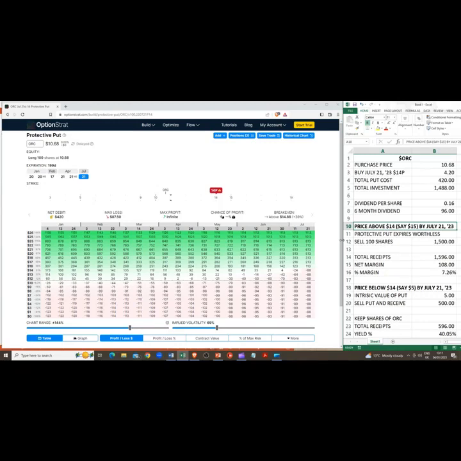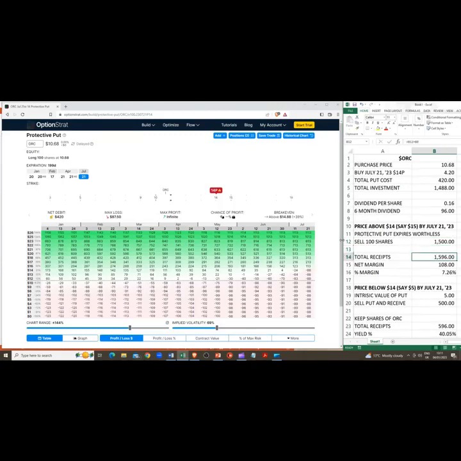But say the price of ticker symbol ORC is above $14 and is at $15, then your protective puts that you have bought will expire worthless. But it also means that you can sell your shares for $1,500, which is the $15 multiplied by the 100 units of shares that you have.